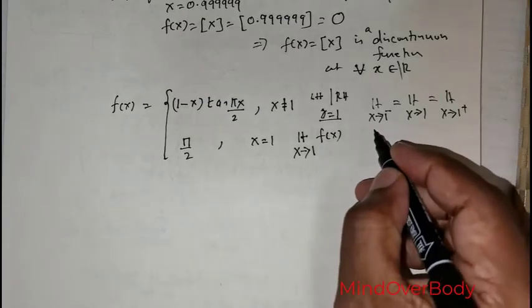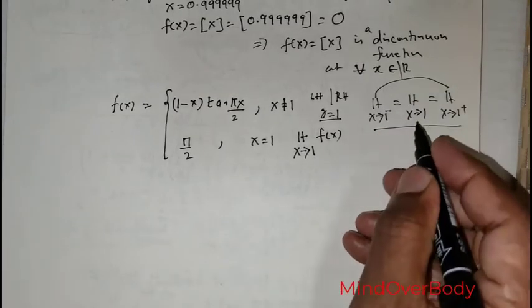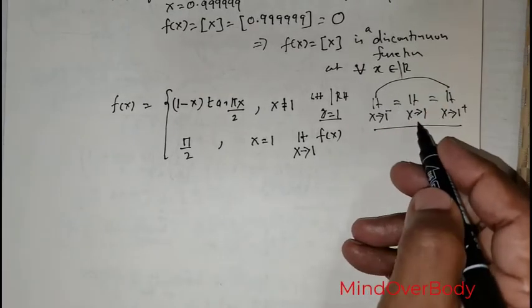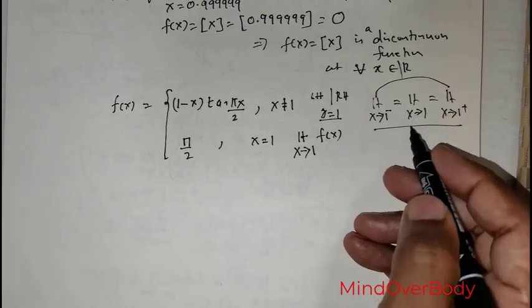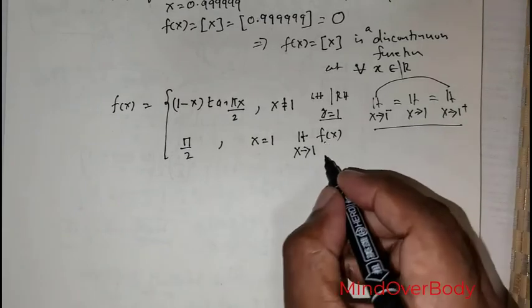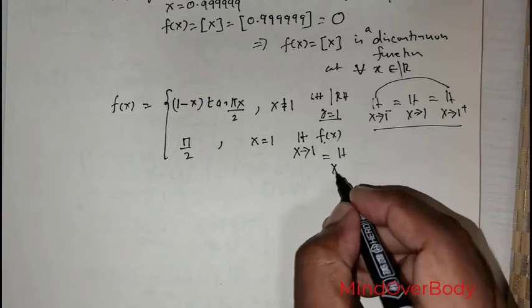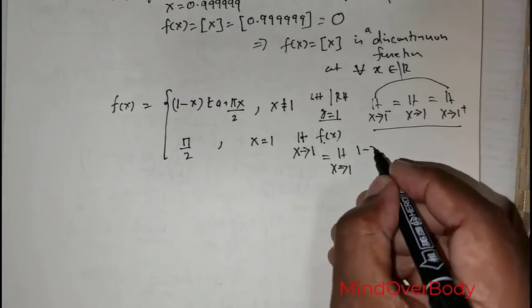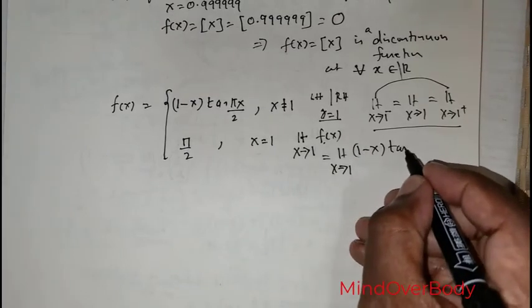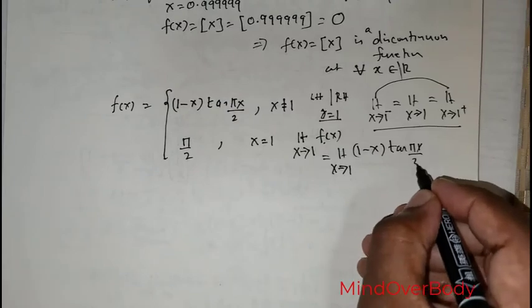So this is the situation. Because of this, I am going to use the limit as x tends to 1 of this function. So this is equal to the limit as x tends to 1 of (1 − x) times tan(πx/2).